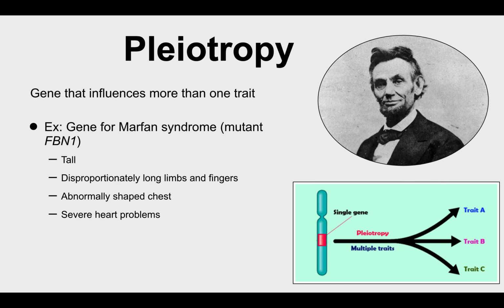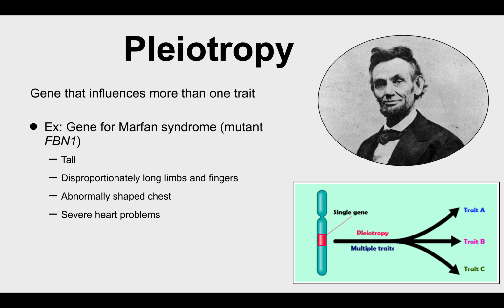All right, we could also have pleiotropy, I think that's how it's pronounced. That's where we have a gene, but that one gene can influence multiple traits. So it's not one gene, one trait, it's one gene, multiple traits that it's influencing. Marfan syndrome is a good example of this.